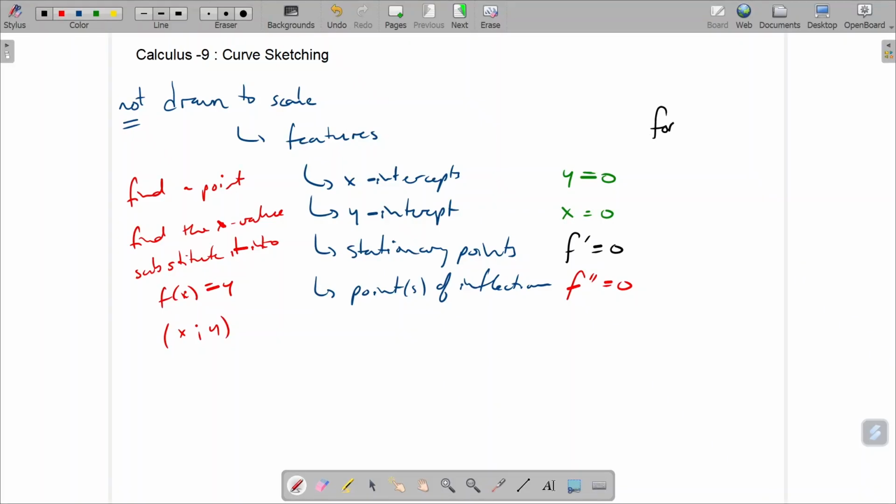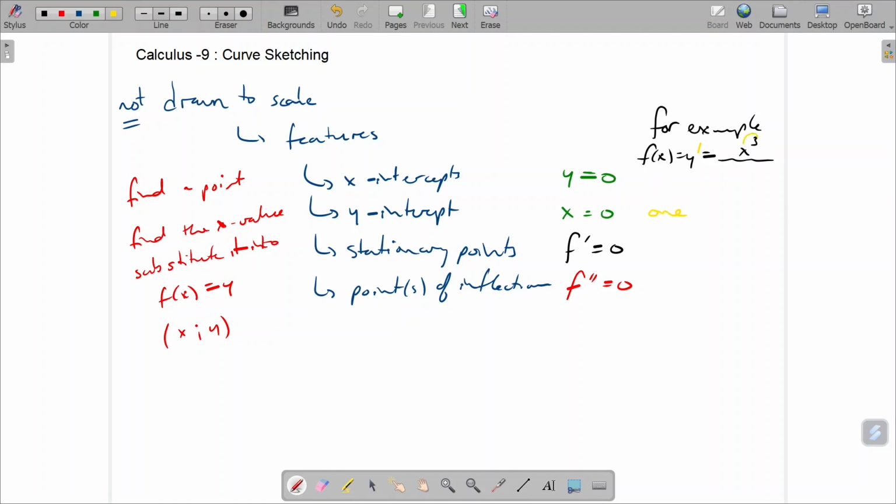So again, please remember that because, for example, if I have f of x, which is the same as y, equals something involving x cubed, I know that because it is y to the power of 1, there will be one y-intercept.